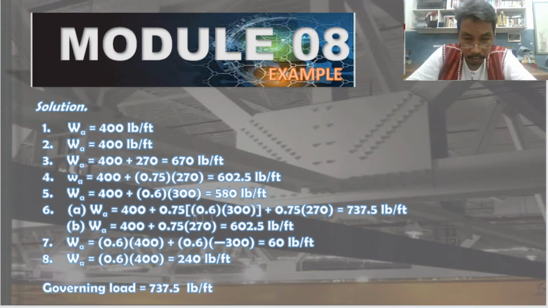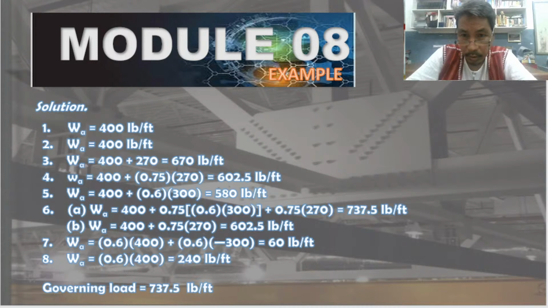And letter B, dead load plus 0.75 live load plus 0.75 times 0.7 E or earthquake load plus 0.75 S. So what is the amount?